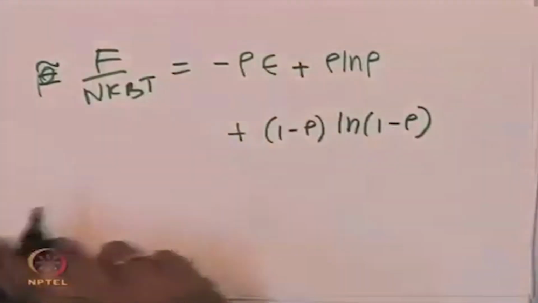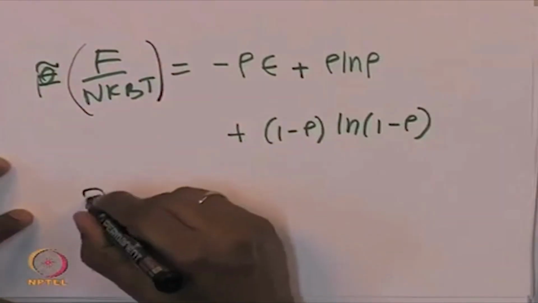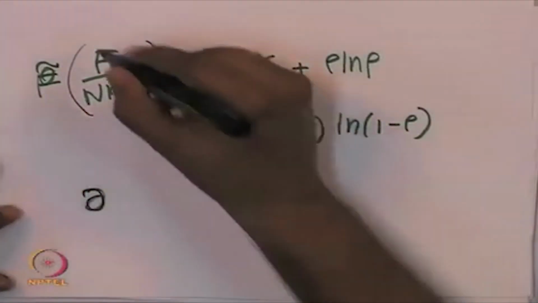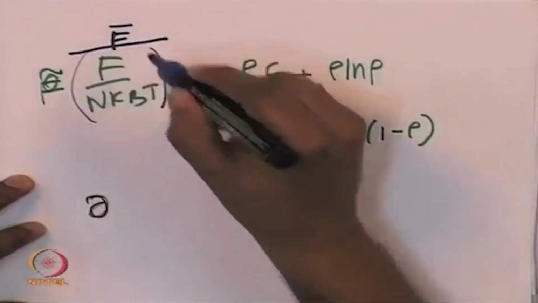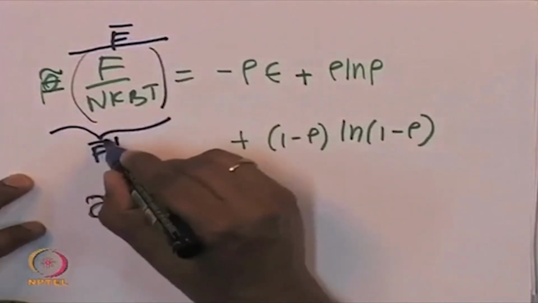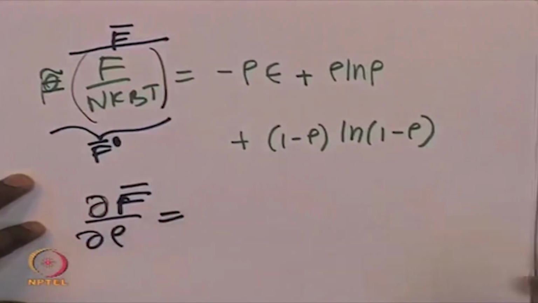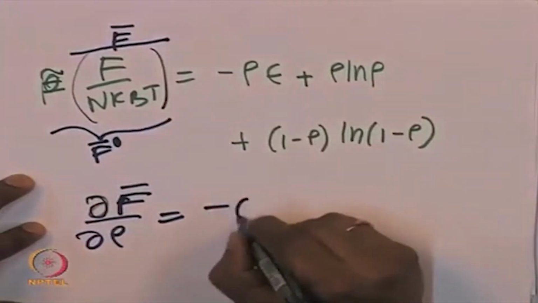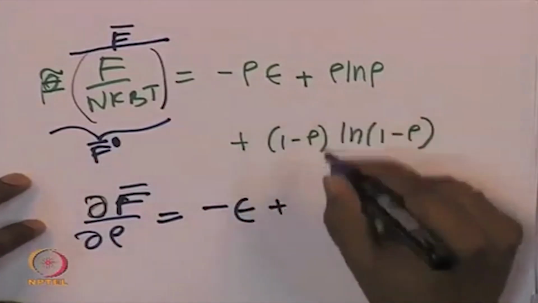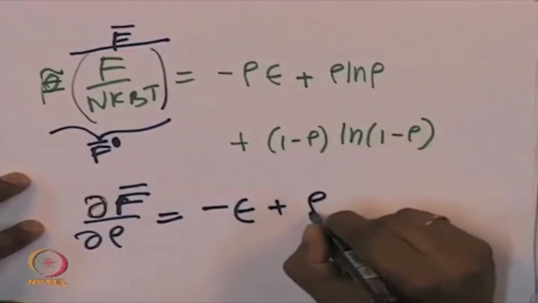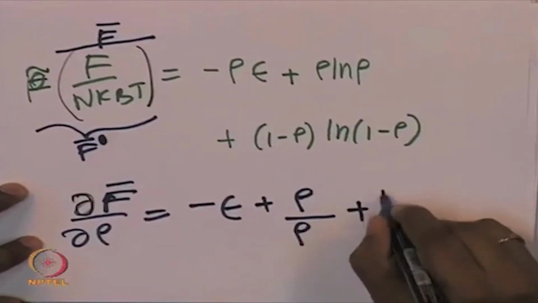So, this is a new f. Now, if you want to calculate the minimum of this, we have to find the derivative of this. Let me call this whole quantity f bar. So, I want to find out del f bar by del rho. The first derivative of this will be epsilon, and rho log rho will have a derivative: rho gives 1, and log rho has a derivative 1 over rho, plus log rho.